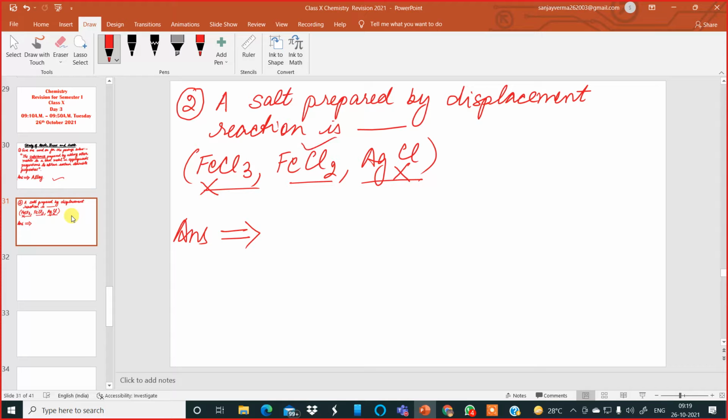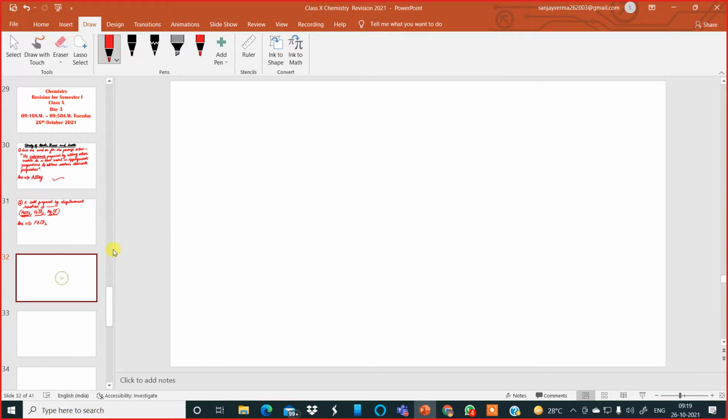It has to be FeCl2, ferrous chloride. FeCl3 is prepared by direct combination. FeCl2 is by displacement. AgCl is by precipitation. Okay, question number two is done from the chapter acids, bases, and salts.